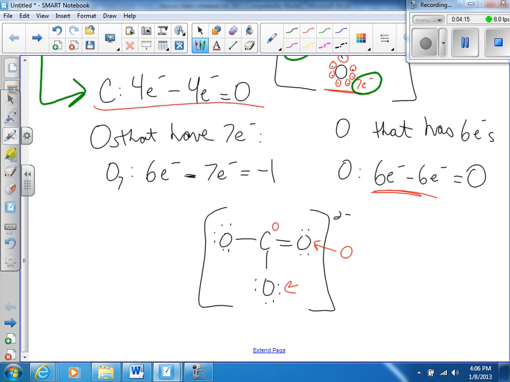This oxygen has a formal charge of -1, and this oxygen has a formal charge of -1. Notice when you add them all up, 0, 0, -1, -1, the total formal charge here is -2. They should always add up to the total charge of the ion or the element or the compound. If there is no charge in the compound, then the formal charges have to all add up to 0.